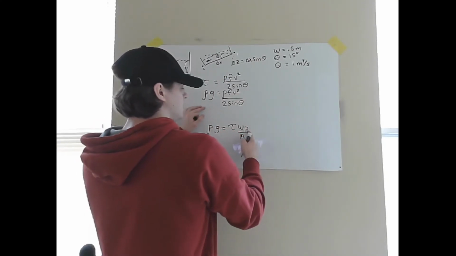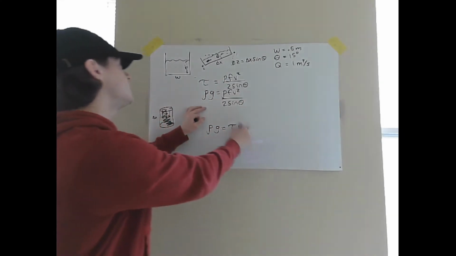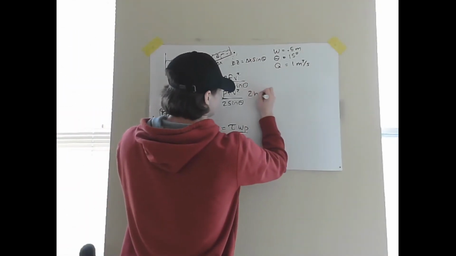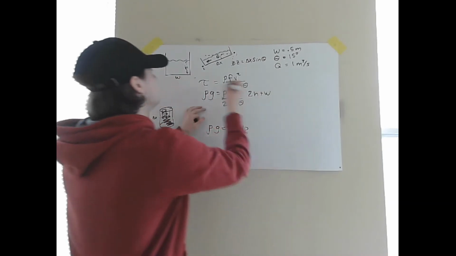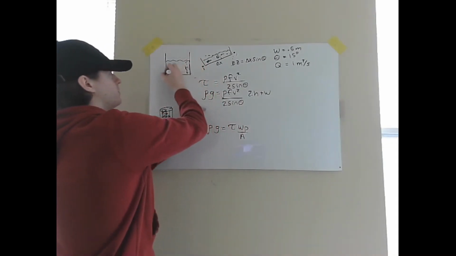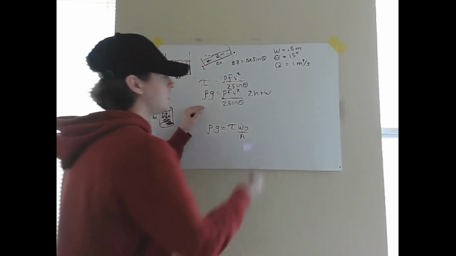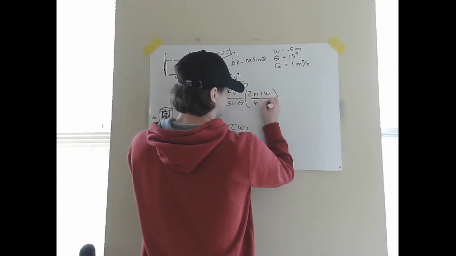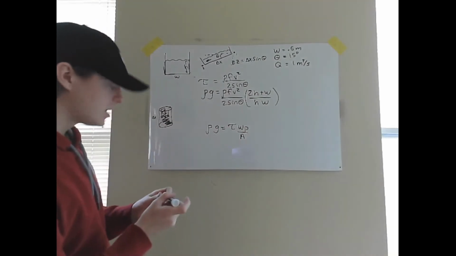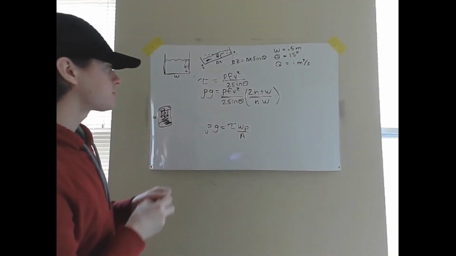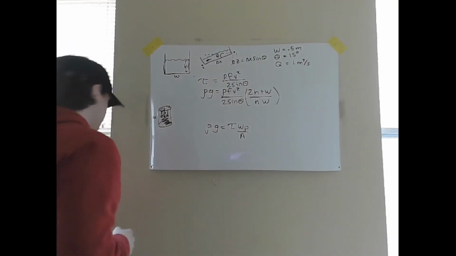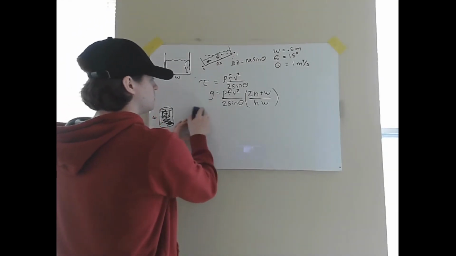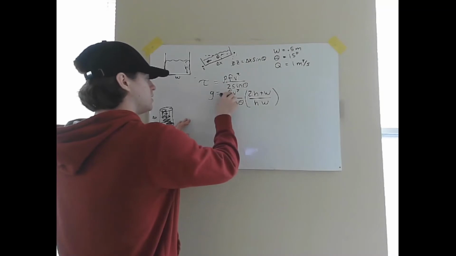Now we need the wetted perimeter, but this time it's for our channel. And so to get at that, it's just going to be 2 times h plus w, because that gives us this perimeter where the water is touching, and then divided by the area, which is just h times w. So from here, we can go ahead and cancel out the rhos on both sides.